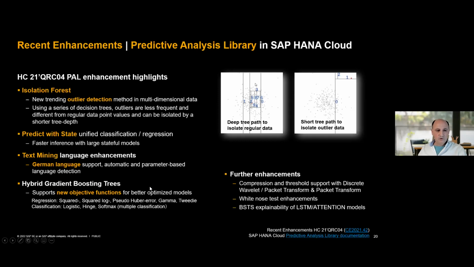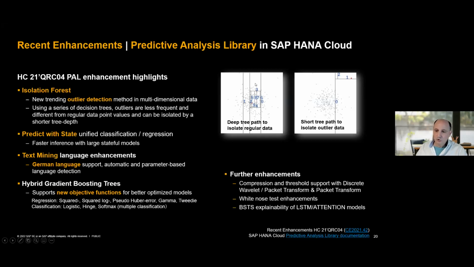And our hybrid gradient boosting tree classification and regression algorithm now provides new objective functions, which help you come up with even better models, as you can explicitly select the internal optimization objective function for different scenarios. This is maybe advanced, but for the expert data scientists among the audience, that might be really interesting.